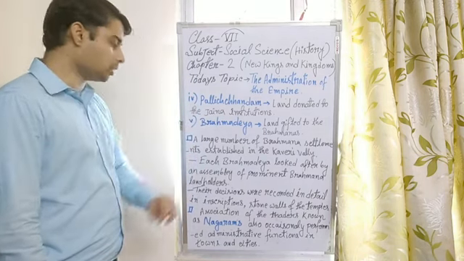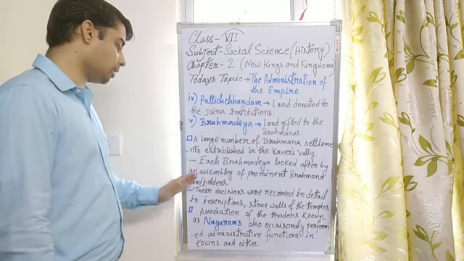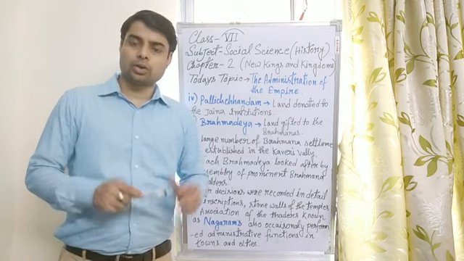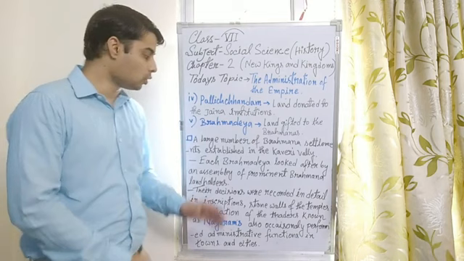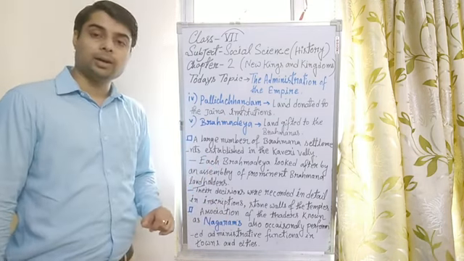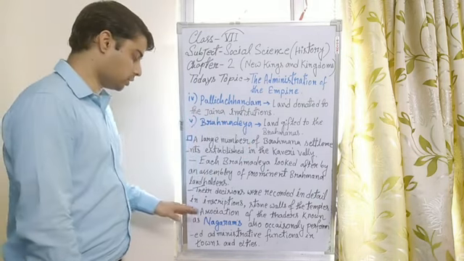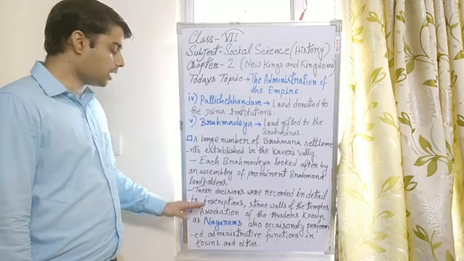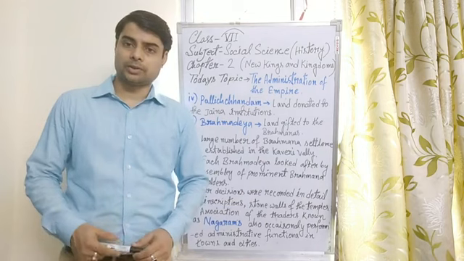Each Brahmadeya was looked after by an assembly of prominent Brahmana landowners. In the Brahmadeyas there were different administrative units, ruled by a committee of prominent Brahmana landholders, and their decisions were recorded in detail in inscriptions, often on the stone walls of temples.